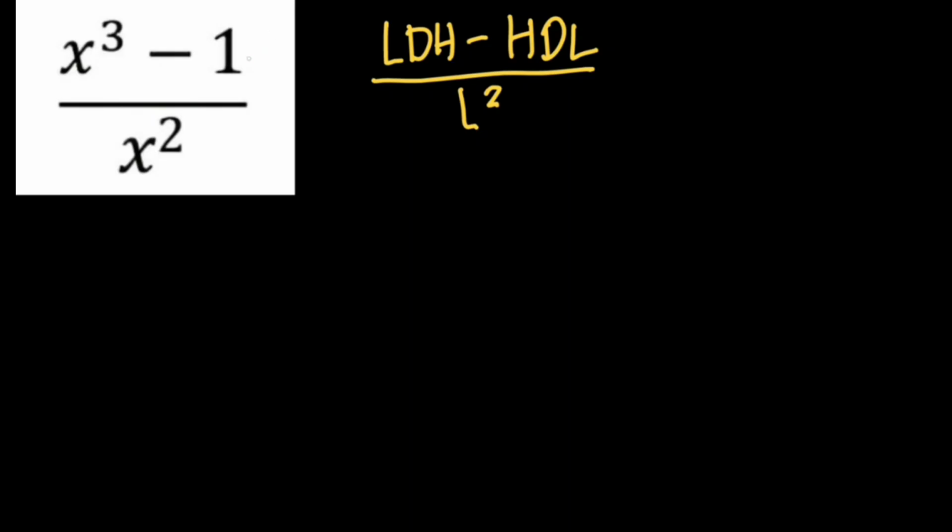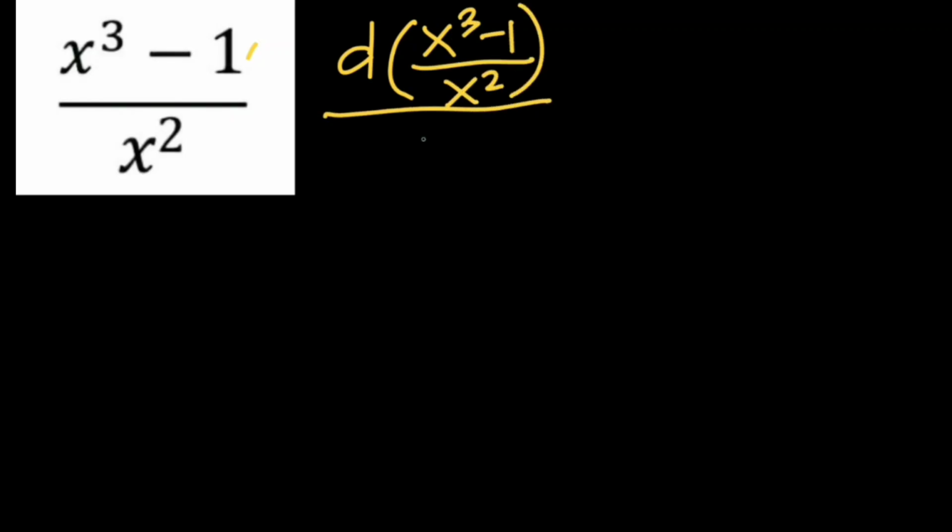So in this case, x cubed minus 1 is our numerator and x squared is the denominator. Now let's get the derivative of x cubed minus 1 over x squared with respect to x.